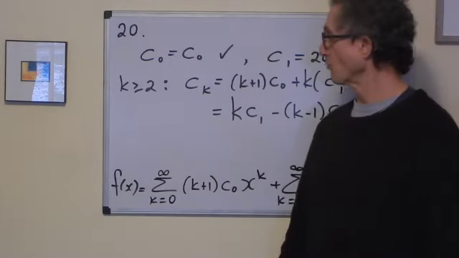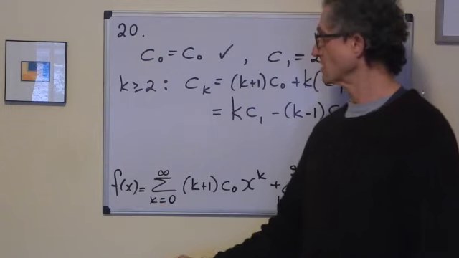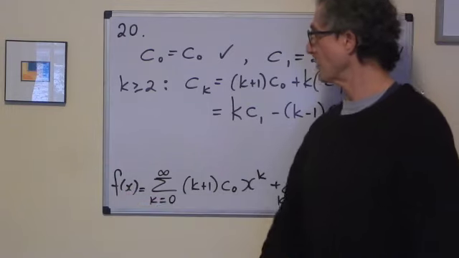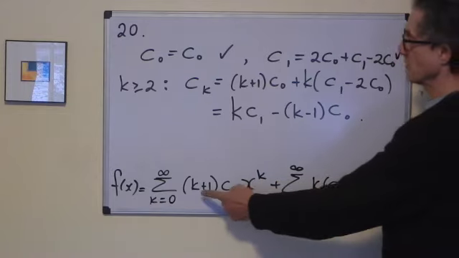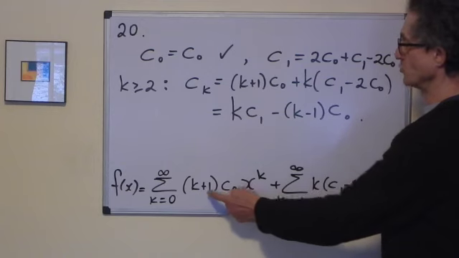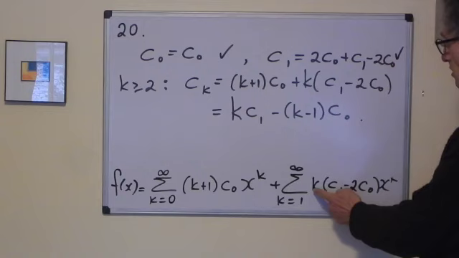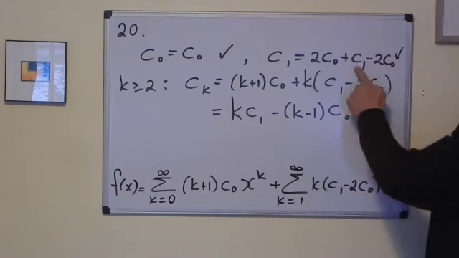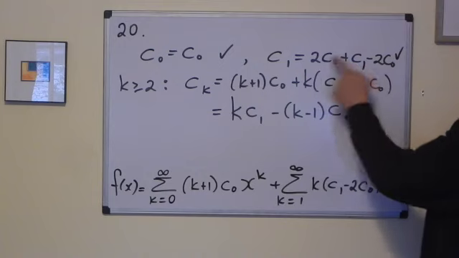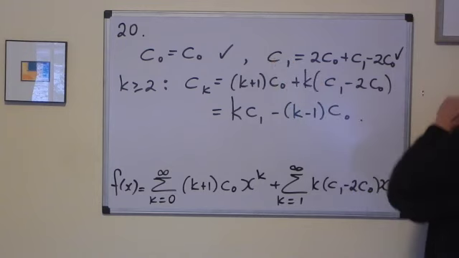For the power equal to 1, just x, the coefficient of x, here the coefficient is c1. Over here, that corresponds to k equal to 1, so we have 2c0, and then over here we have 1 times c1 minus 2c0, and indeed, if you put this together, the c0s cancel, and this is just saying that c1 is equal to c1, and so that's correct.